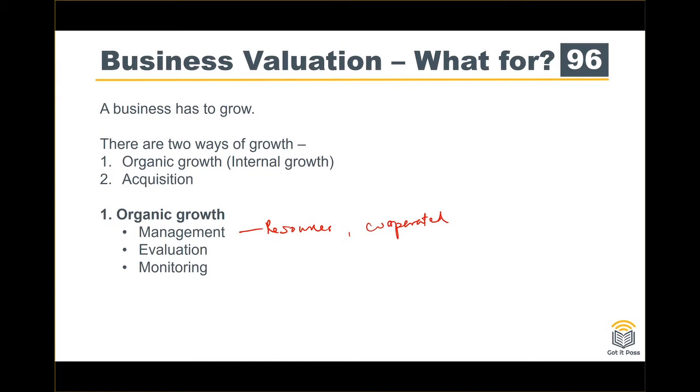Then for the evaluation, you have to apply your investment appraisal techniques, but you have to gather the proper or adequate information to do the evaluation. If you do it in the wrong way, then your investment appraisal or your NPV calculation is incorrect. Then the problem is you make the wrong investment decision.